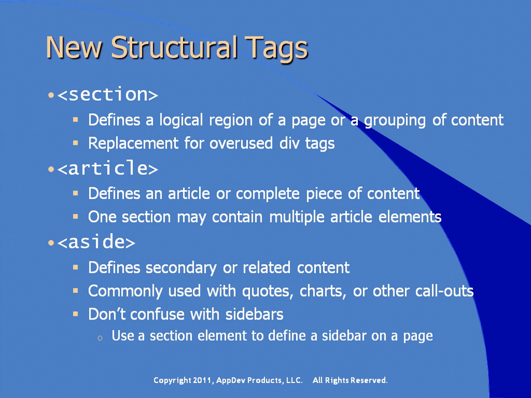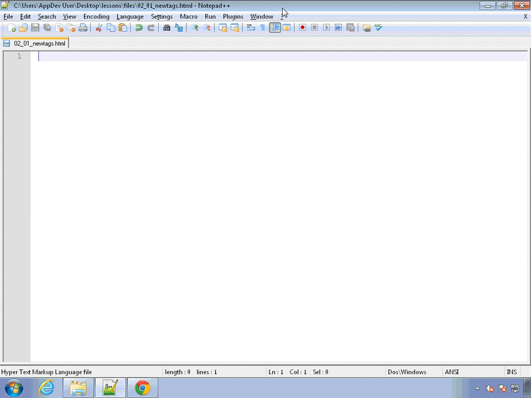Let's take a look at how to build a web page with the HTML document type and the new semantic elements. Let's begin our new web page by adding the HTML5 document type.